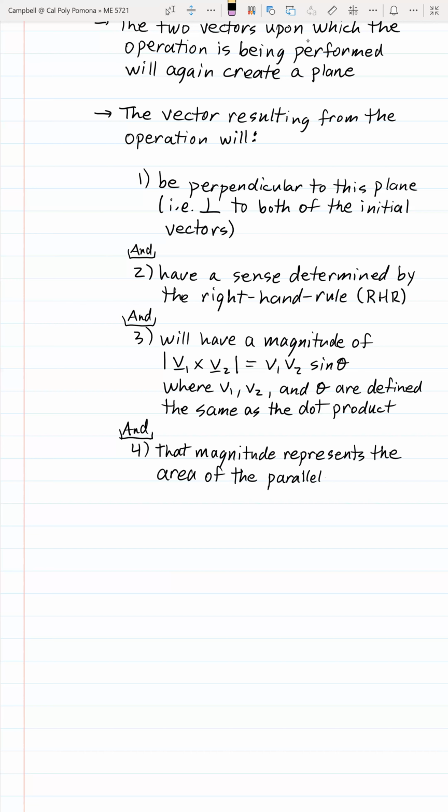I think it's an O. So check my spelling on that.